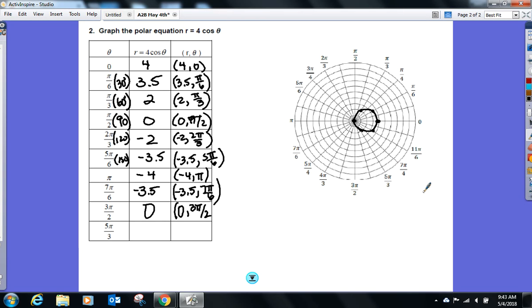Okay, where's it going now? 0, 3 pi over 2. So where's it going to go back to? It's going to go back to the origin, right? Everyone see that? Yeah. Coming back. No? What am I missing? For 3 pi over 2, which is 270?